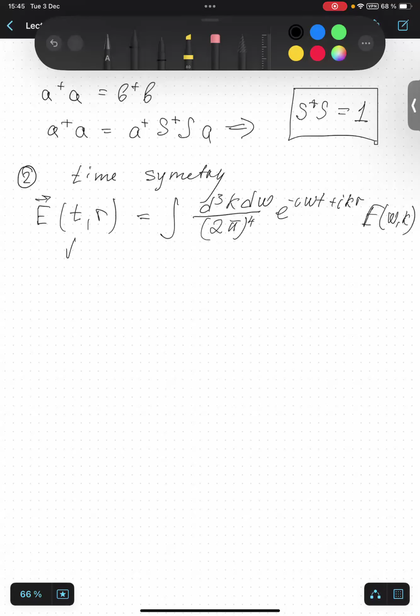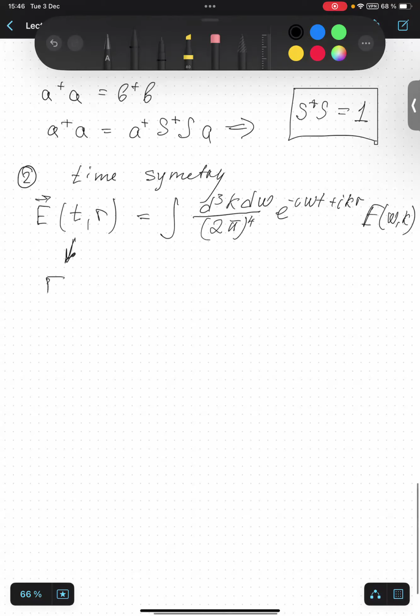We know that actually this electric field is a physical field. So what we observe in real life. So it is real, because in the real world we see only real numbers and real things.